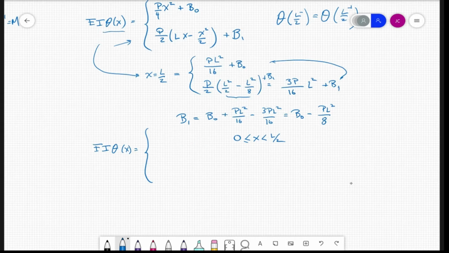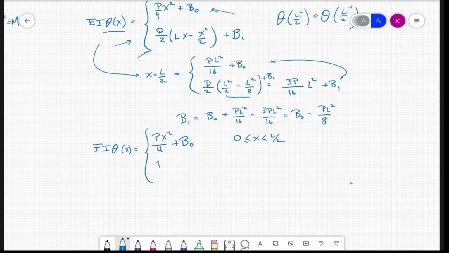It's this term up here, right? So it's px squared on 4 plus b0. And then this one here, I can pull the x out, whatever. It's actually easier to keep it this way for now.